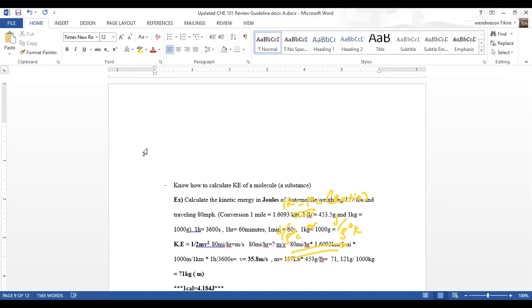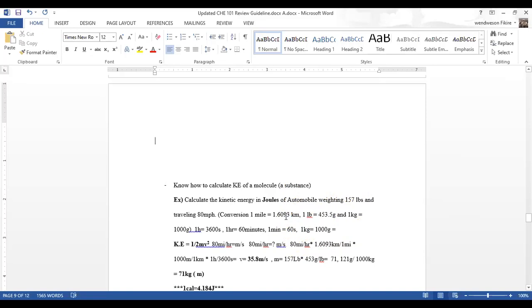But we have to do some calculation with kinetic energy. For example, calculate the kinetic energy in joules of an automobile weighing 157 pounds and traveling 80 miles per hour.